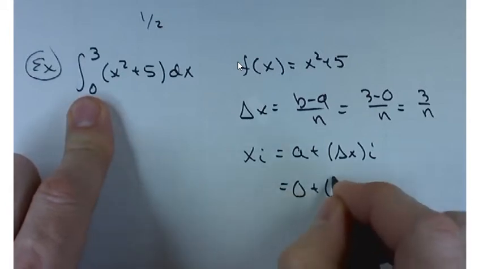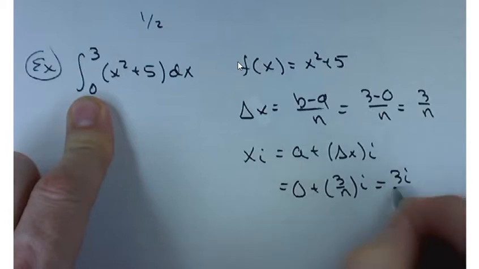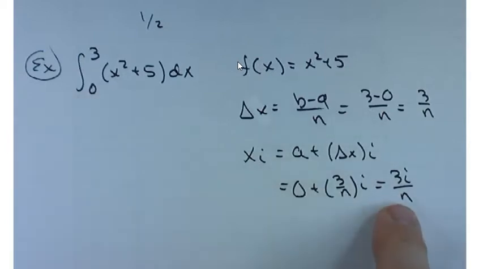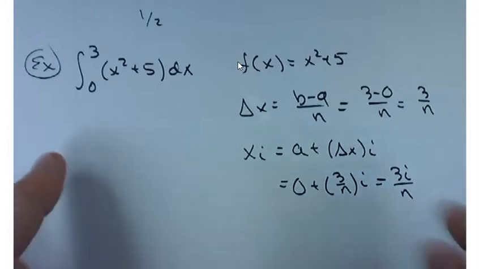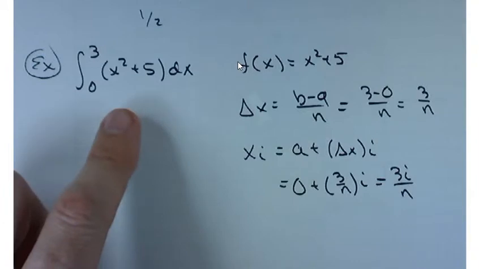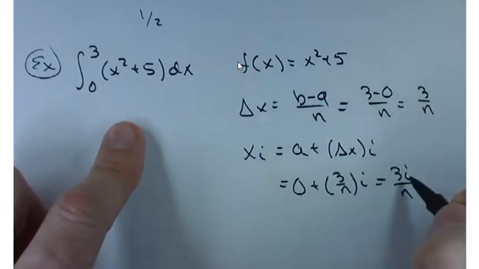Delta x was 3 over n times i. So in our first rectangle, we're going to find the height when i equals 1.